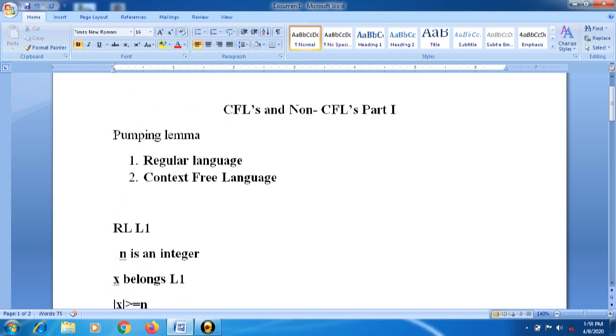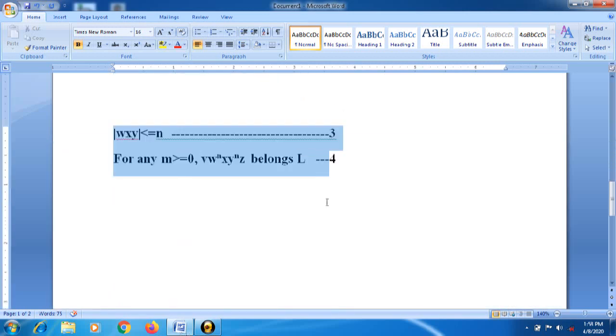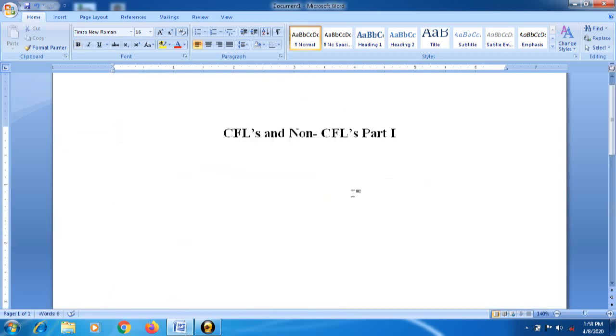So for understanding it, we will check some examples. First one, we will go for one example.